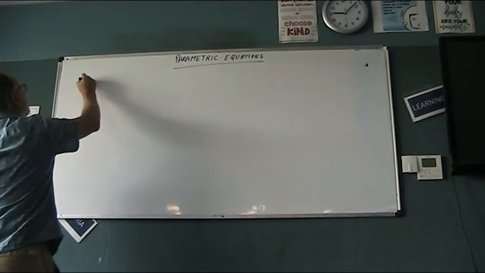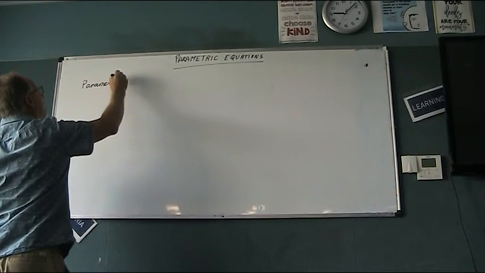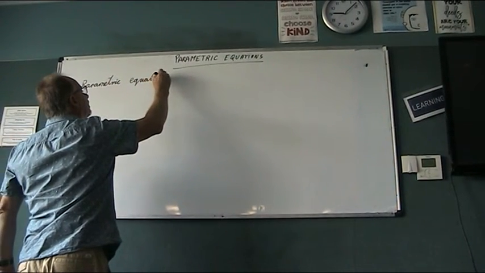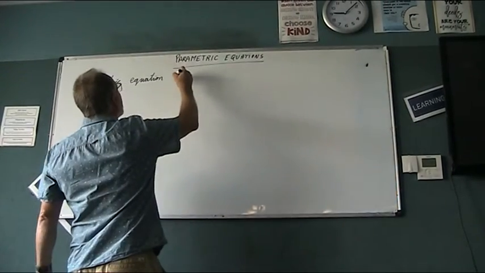So parametric equations, as I just said, they link variables together using a third variable called the parameter.